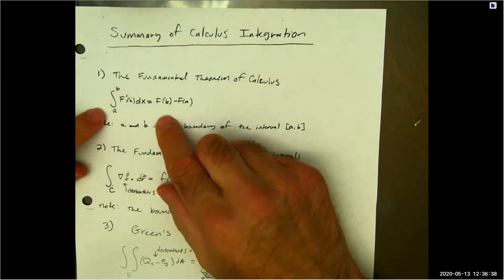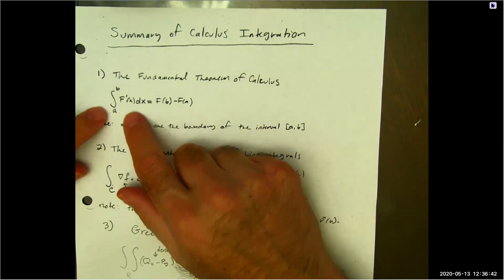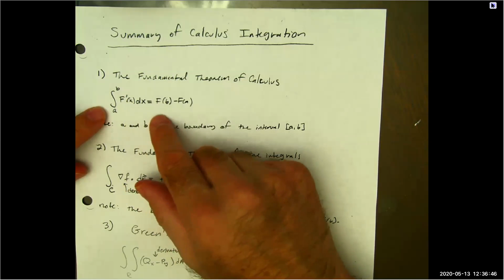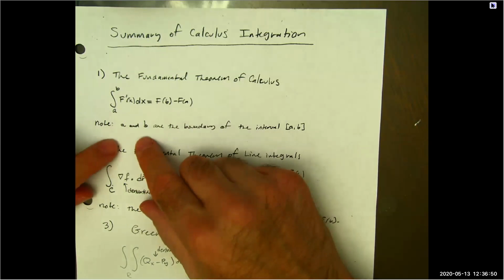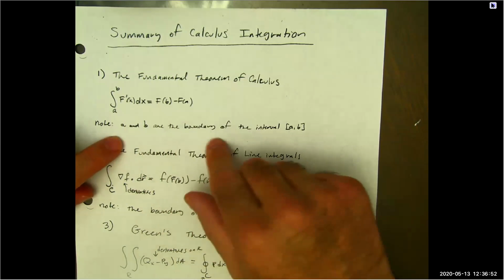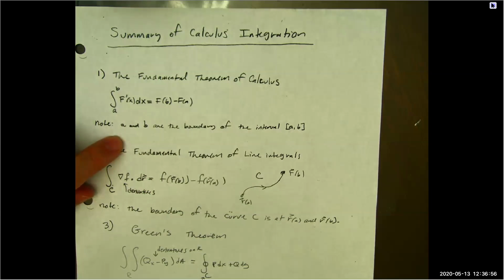So remember in Calc 1, you talked about the fundamental theorem of calculus. And what that said is that if you had the integral of f prime of x dx, that is equal to f of b minus f of a. And one thing you want to note is that a and b are the boundary of the interval from a to b, which is the interval you're integrating over.